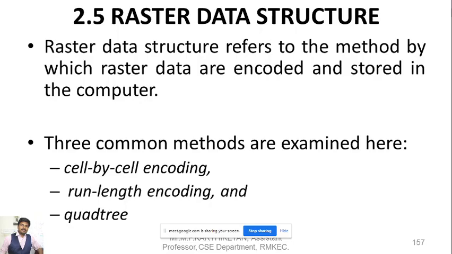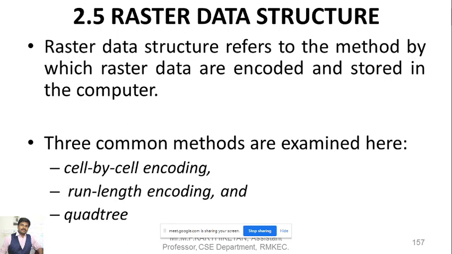As we have seen, the vector data structure is represented as points, lines and polygons, correct? Whereas in raster data structure we represent the spatial data by means of grid format, or cell by cell encoding format.